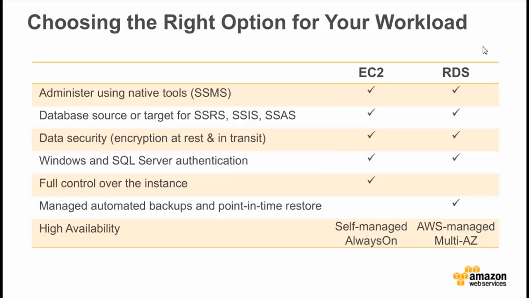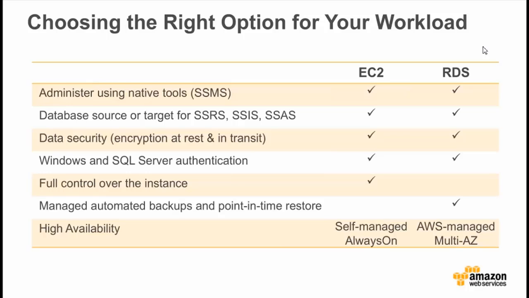Only Amazon EC2 will give you full control of the instance. And although it is the same SQL Server database engine that's running in RDS as well, it is a managed service, and you would have no ability to access the file system directly, RDP into that RDS instance, or leverage the sysadmin role.